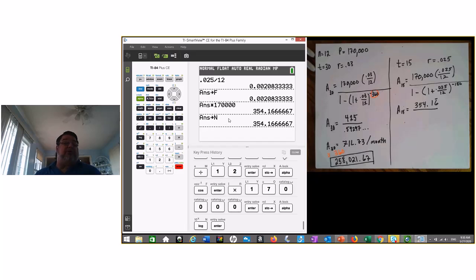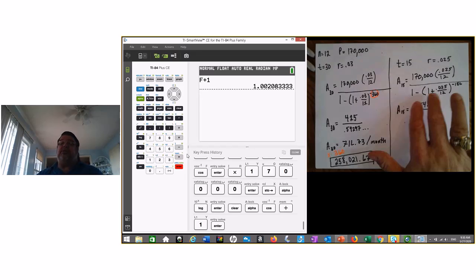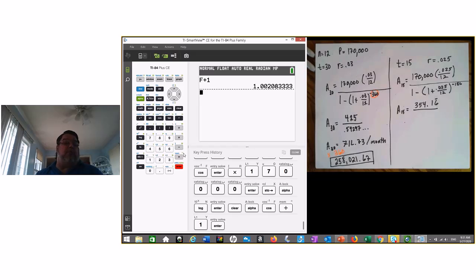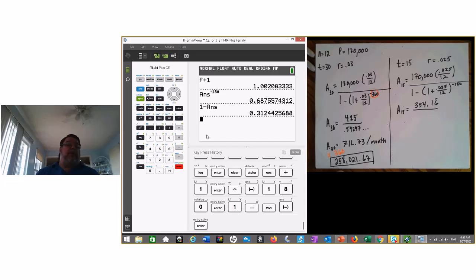And now I'm going to take my fraction, I'm going to clear everything. I'm going to take alpha f plus 1. And that'll give me my parentheses in the denominator, raised to the negative 180, and that's that number, and then 1 minus second negative symbol, and that's my denominator.